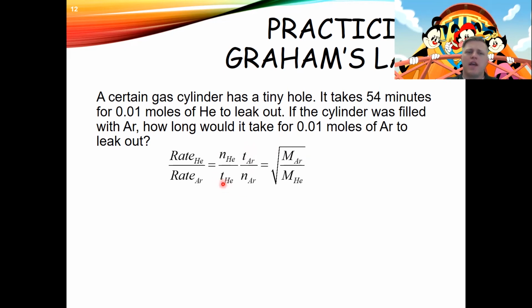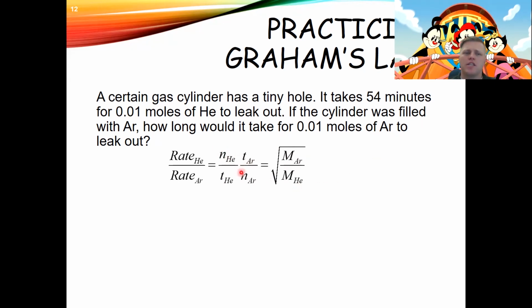So we need to divide over by the time of helium and divide out the number of moles of helium and also move the number of moles of argon over to the left. Basically, we need to move everything. Now, in this specific problem, we have 0.01 moles of helium and 0.01 moles of argon.